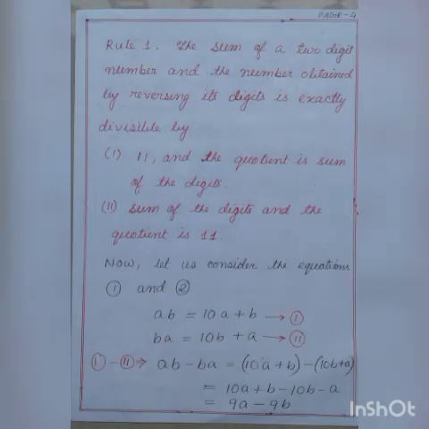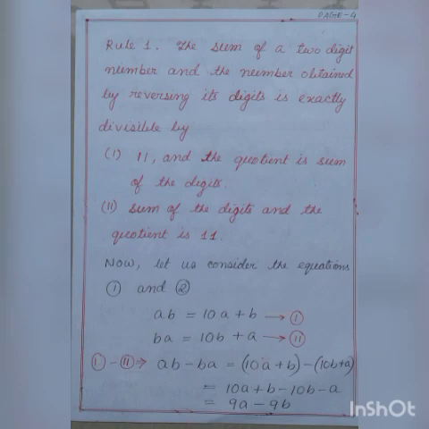So rule number 1: the sum of a two-digit number and the number obtained by reversing its digits is exactly divisible by 11, and the quotient is the sum of the digits.